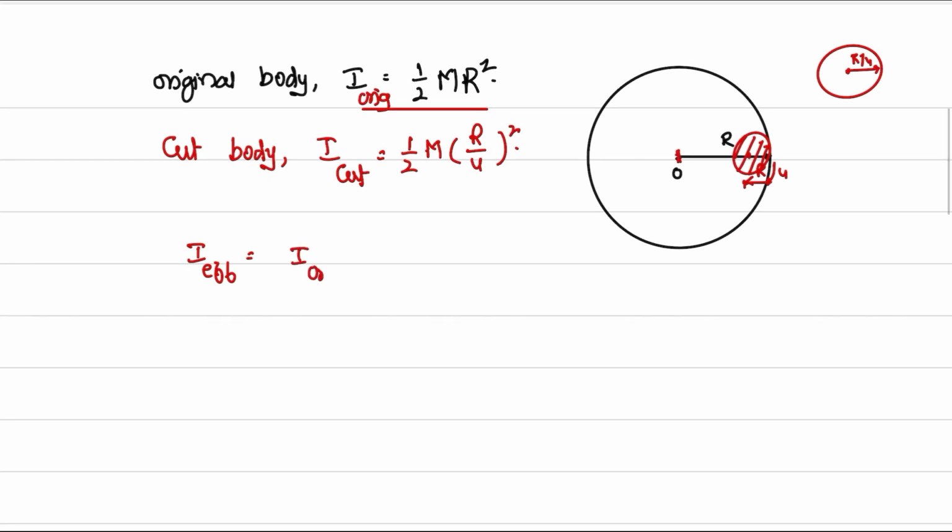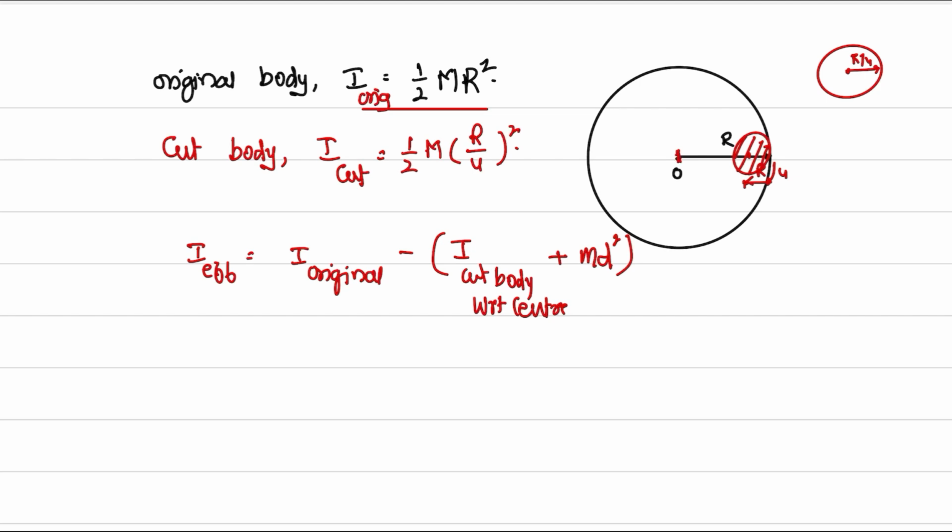I original minus I of the cut body with respect to its own center of mass plus, what does the parallel axis theorem say? M d square, where d is the distance of the center of mass of the cut body from the original body's center of mass. That distance.